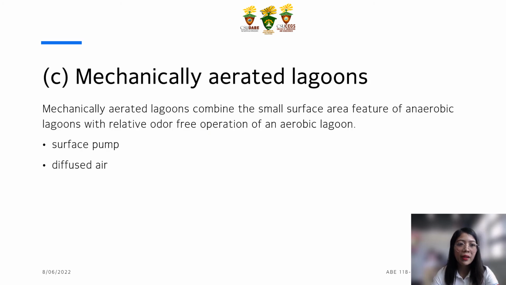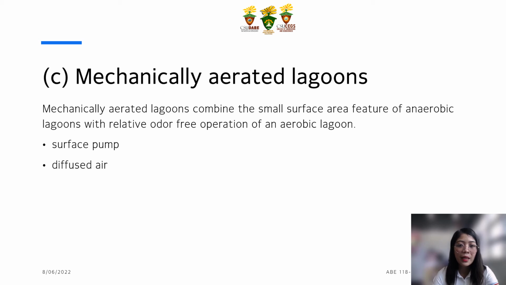So the main disadvantage of this type of lagoon, kaning aerated, is that energy requirements to operate the mechanical aerators are high, and a high level of management ang gina-require. So the design includes 1 pound of oxygen transfer to the lagoon liquid for each pound of BOD added. No? So, na two kinds of mechanical aerator ang ginagamit.